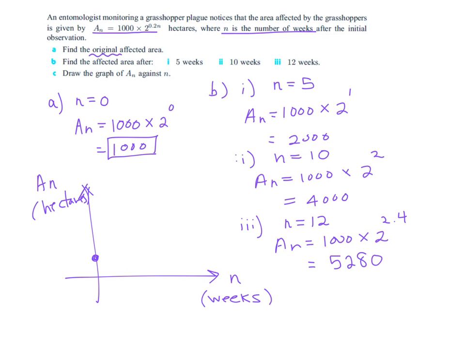And then when n is equal to 5, it's 2,000. When n is equal to 10, it's 4,000. So we can observe that the value is exponentially increasing.